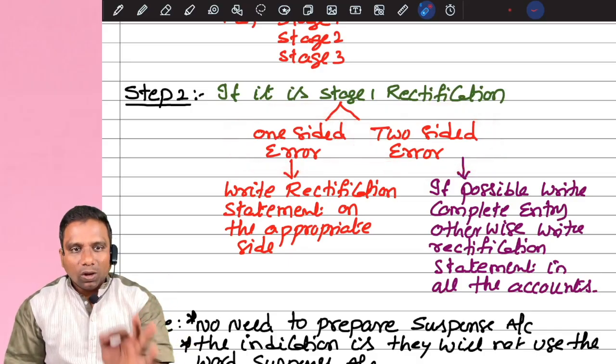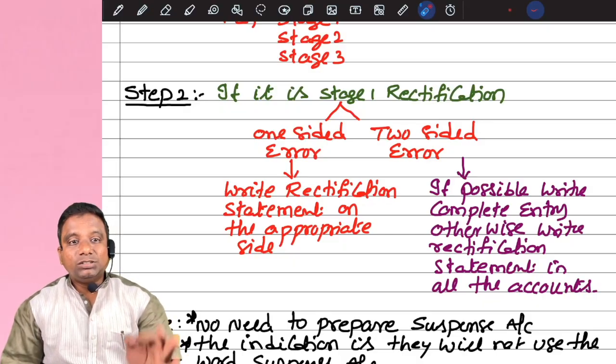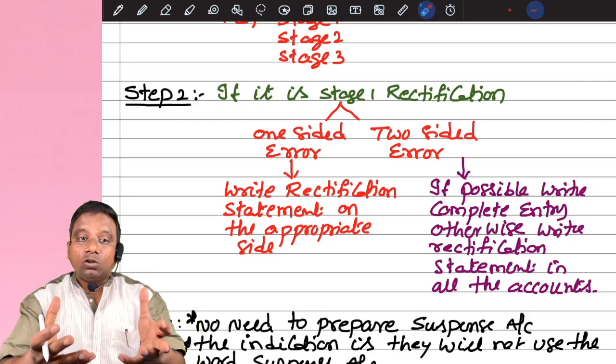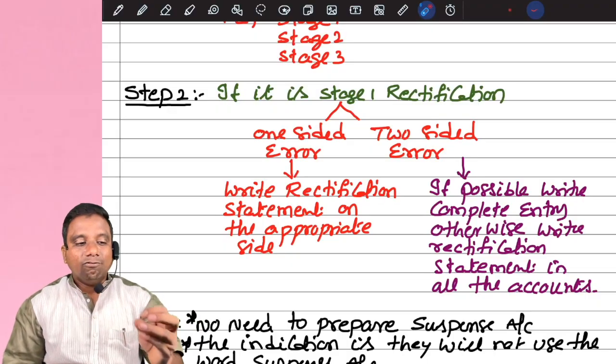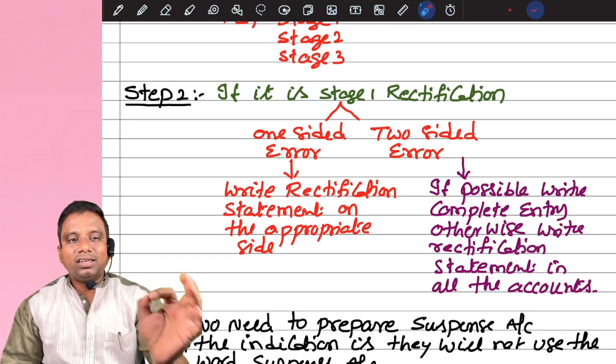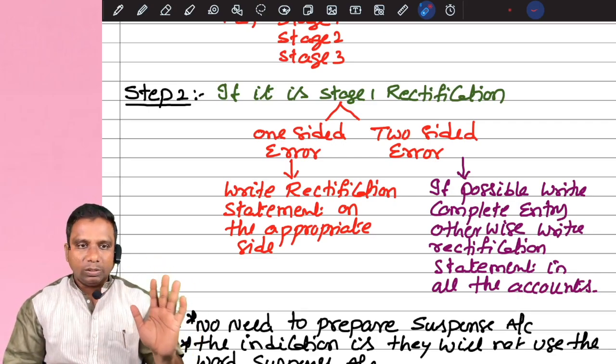In stage 1, this is before preparation of trial balance, so no suspense account is created. I repeat, when does the requirement of suspense account come? Only at the time of preparation of trial balance. In stage 1, trial balance is not prepared.